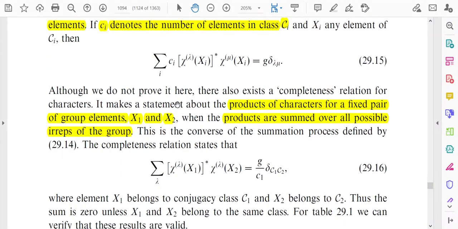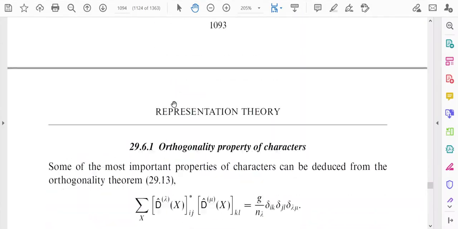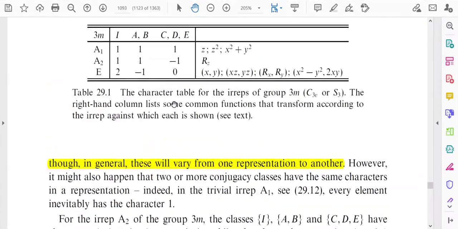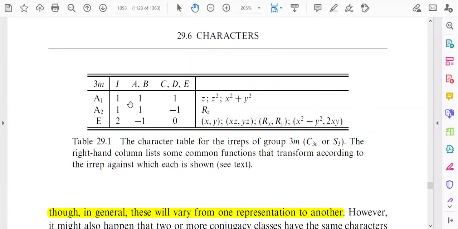Ci means the number of elements in the classes. If you see the character table, for the class I the number of elements is 1, for the second class, that is AB, the number of elements is 2, and for the third, the number of elements is 3. So Ci will be 1, 2 and 3 respectively, and the characters are 1, 1 and 1.